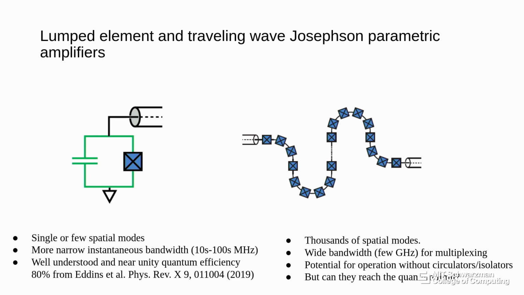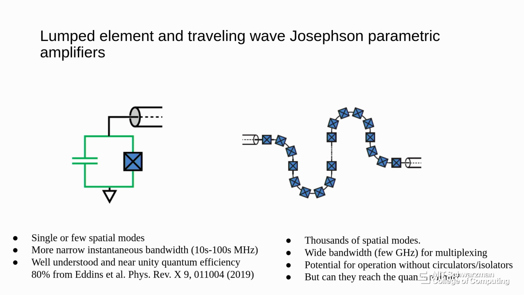But to reduce the physical hardware overhead, we really want to amplify over a very broad bandwidth. And you can do this by chaining together a bunch of these Josephson junctions to create a transmission line. This doesn't have a specific frequency associated with it, so it can amplify over a very broad bandwidth.